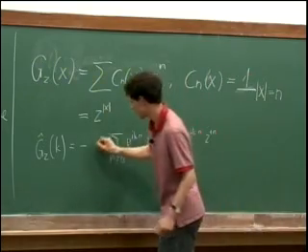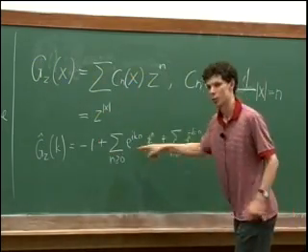And then we need to subtract 1 since we've counted 0 twice.